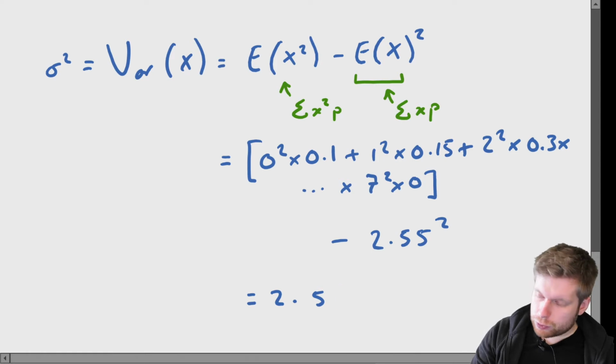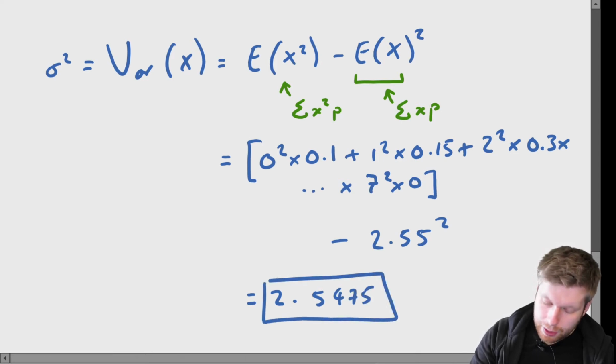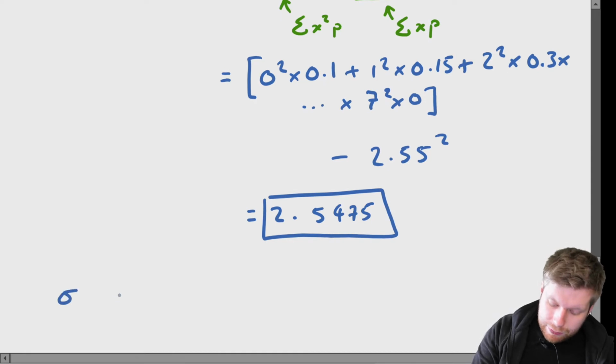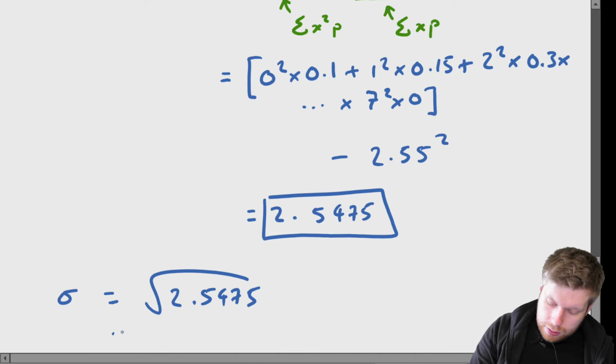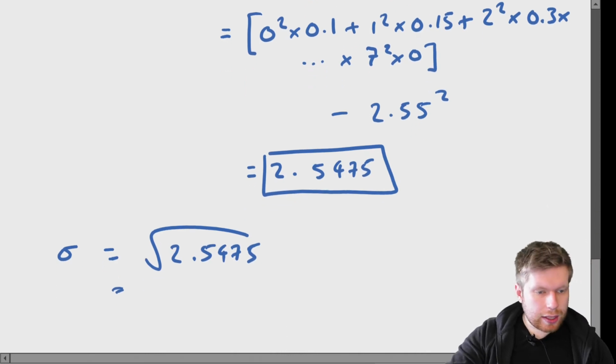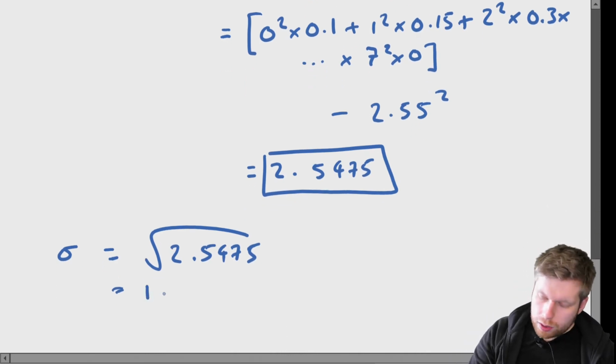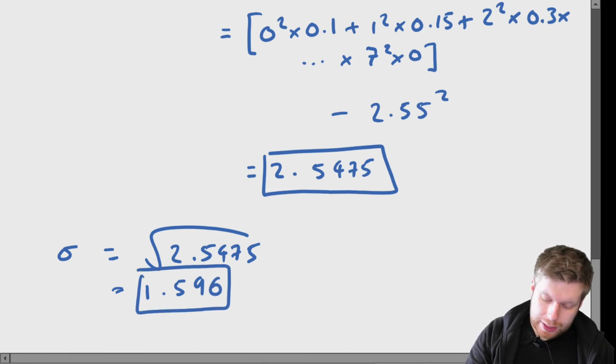So 2.5475 to be exact, if I've calculated that correctly. In order to find the standard deviation, I simply need to take the square root of this, and if I do, I get 1.596. That would be the standard deviation.